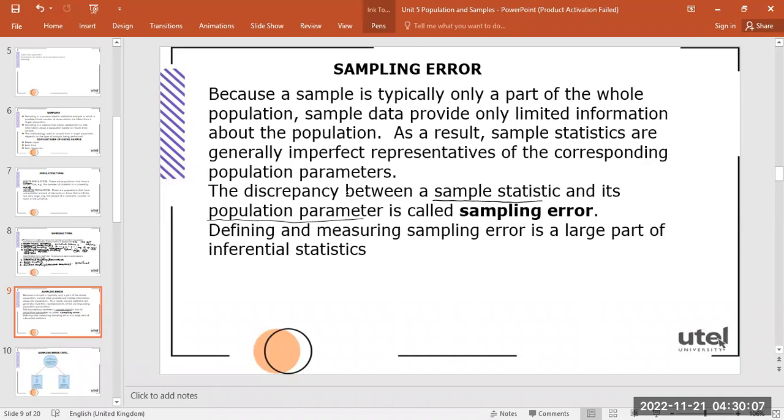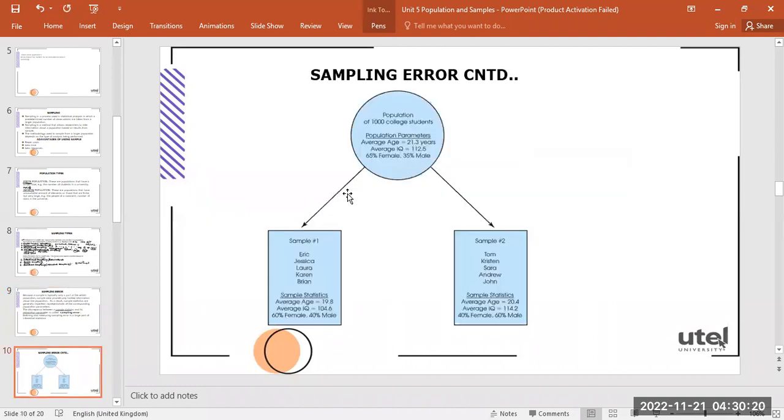Defining and measuring sampling error is a very large part of inferential statistics. Otherwise, you may not have a true representation of your population parameter. This slide is just trying to give us an idea of what sampling error is.